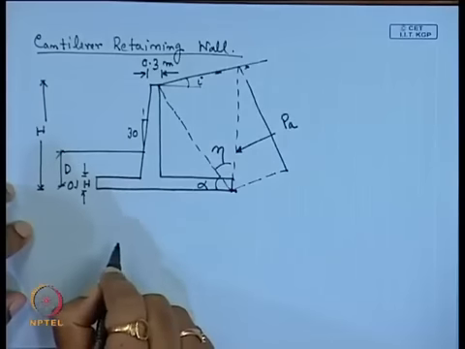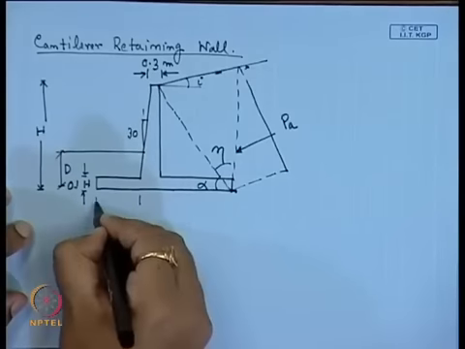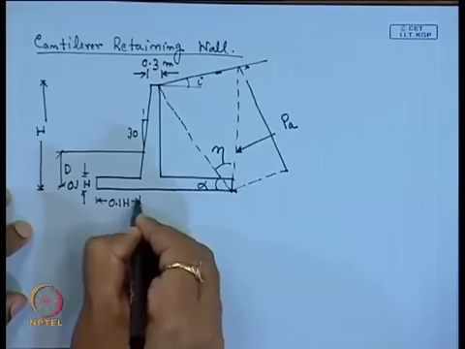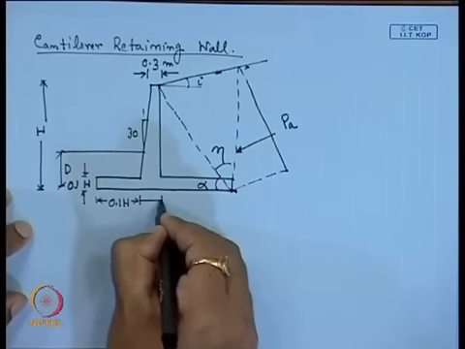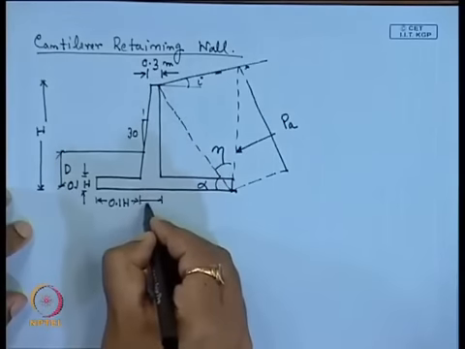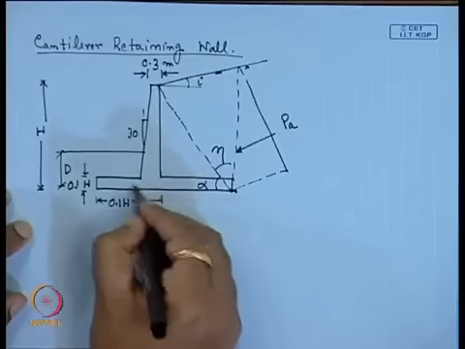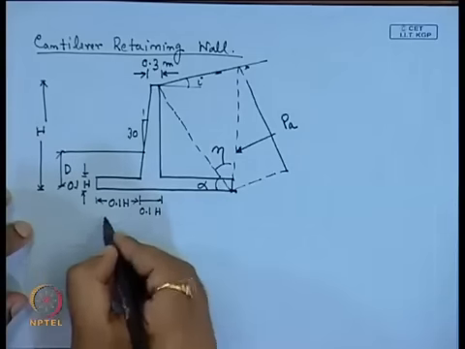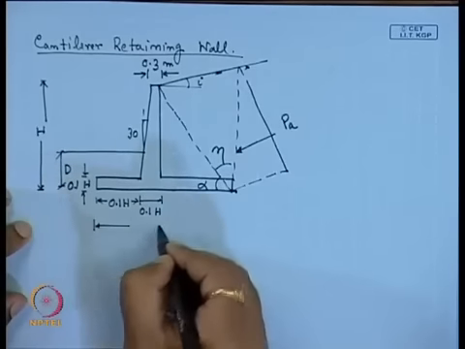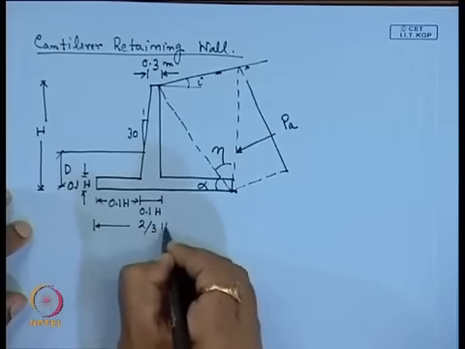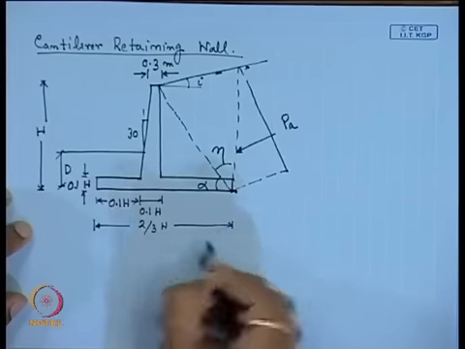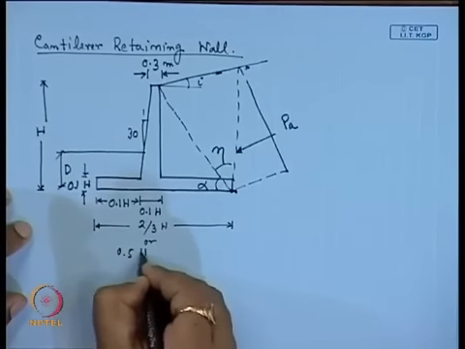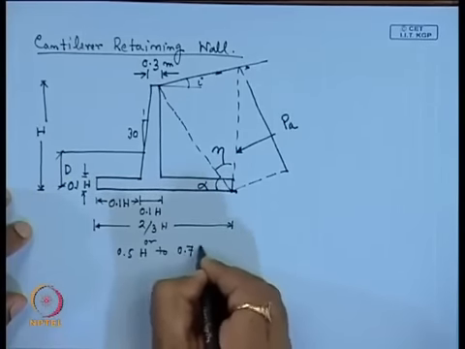This is 0.1 h. Now, this distance is also 0.1 h. This one, at this T junction, this thickness is also recommended 0.1 h, and this one is 2/3 of h roughly, or this base width is 2/3 of h, or 0.5 h to 0.7 h.